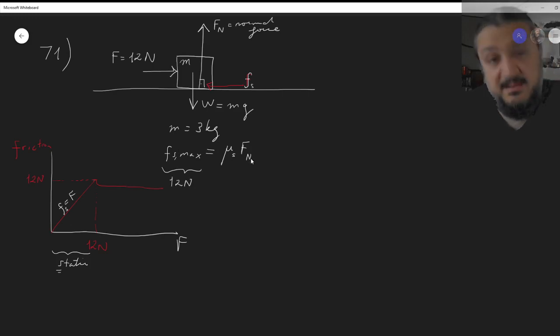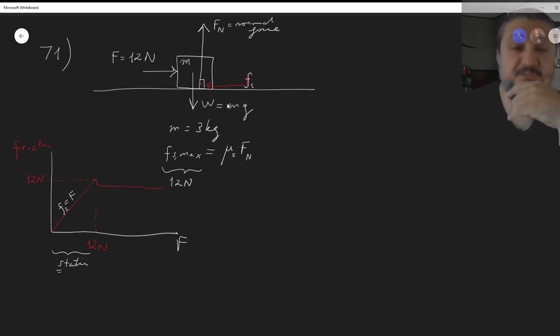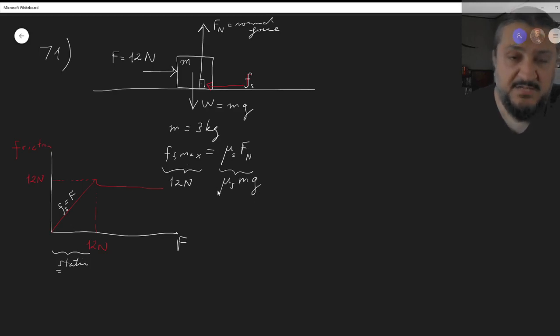What is Fn? All right. Now there is no motion up or down. We have equilibrium in the vertical direction, which means that the weight of the object is equal to the normal force. So this right hand side is nothing but mu-s times normal force, which is mg. Now it's just a problem of solving for mu-s.